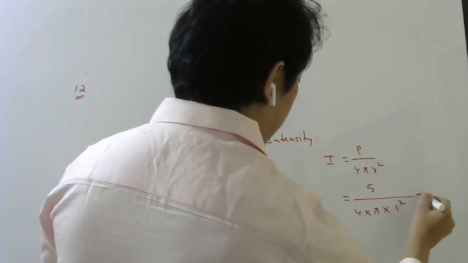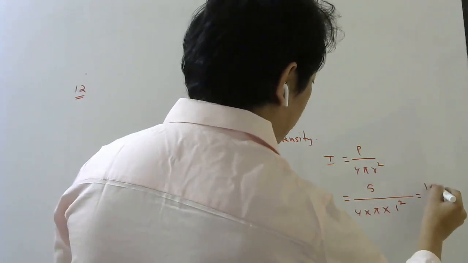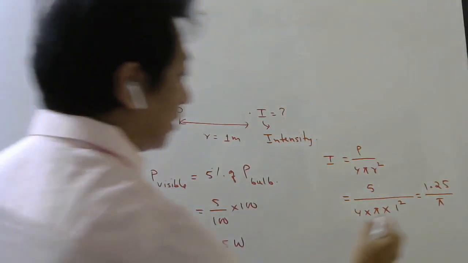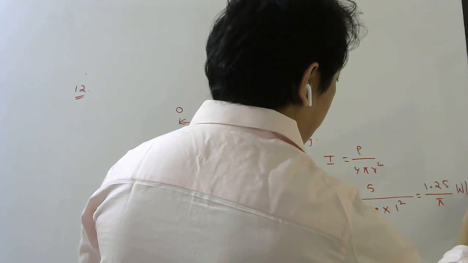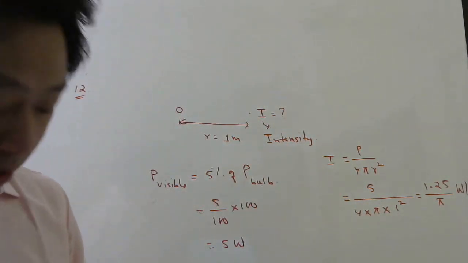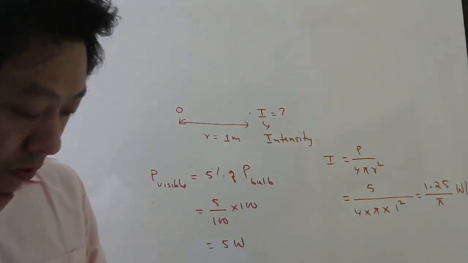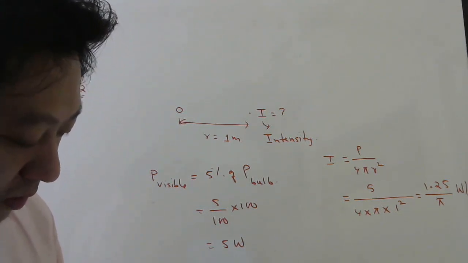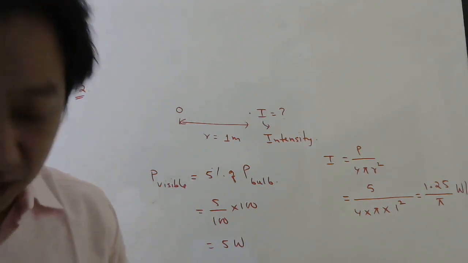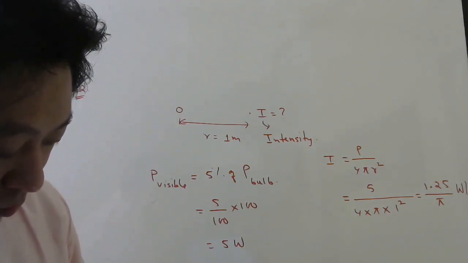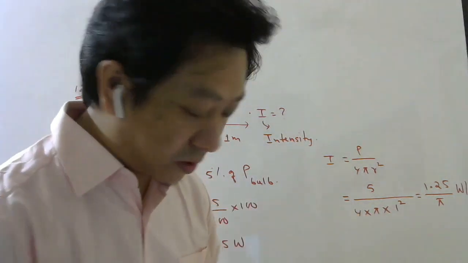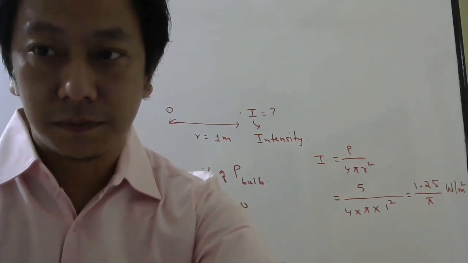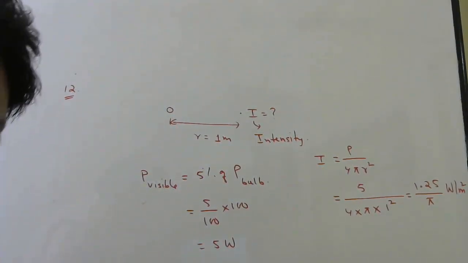So this will be 5 by 4, which is 1.25, divided by pi. Since it is intensity, the unit will be watt per meter square. The units mentioned here are not correct. It should be watt per meter square, not joules per meter square. So which is the answer? 1.25 divided by pi. Option A. Please make a note of this. Let's see the next one now.